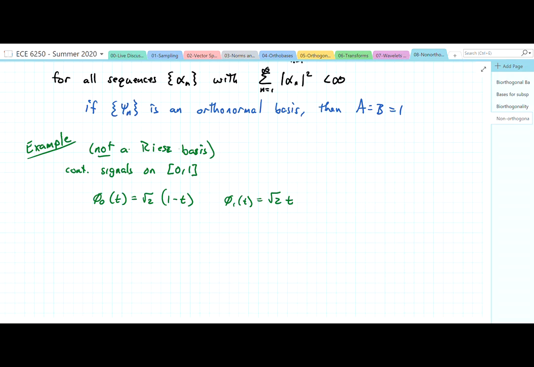So this is going to look something like this, just a ramp up and a ramp down.